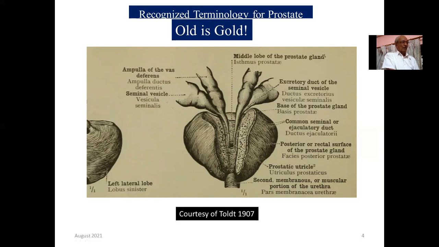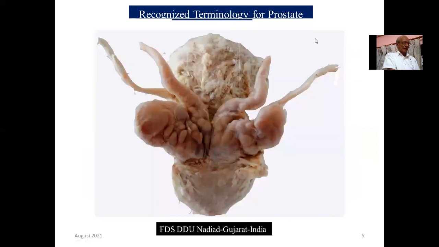So we should keep in mind that the ducts, though running downwards, forwards and medially, are quite close, and they cannot be seen completely like this in any section because of their obliquity. Fine, we go to the next slide.